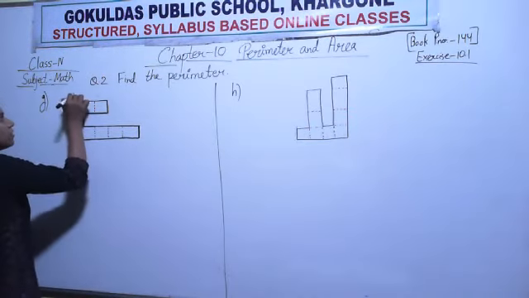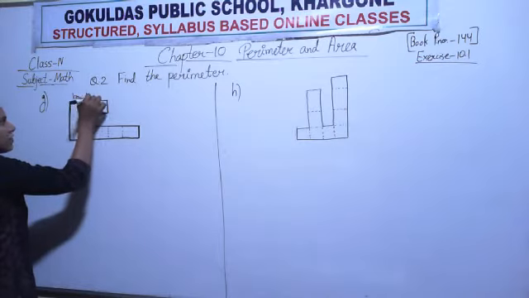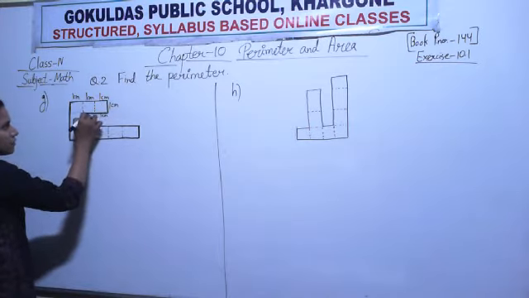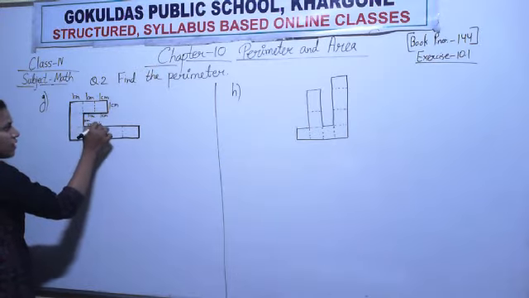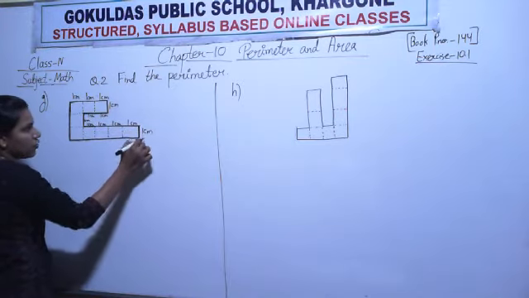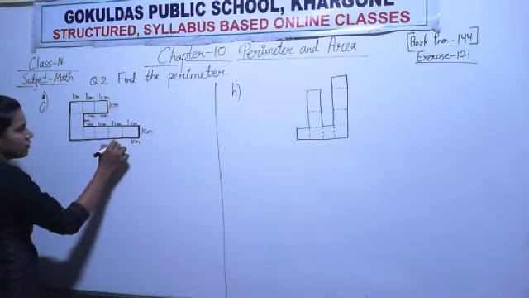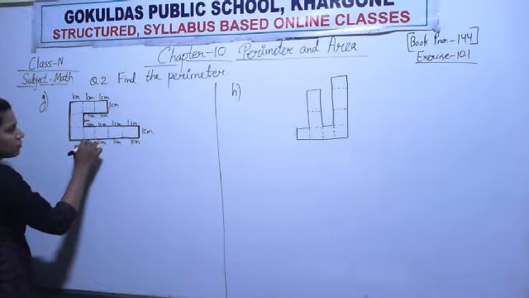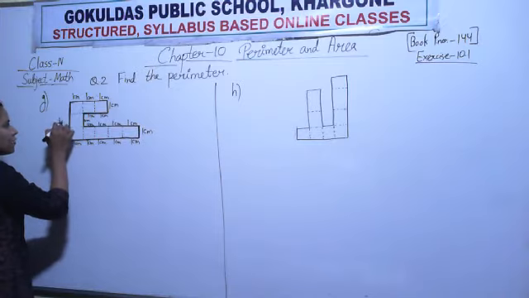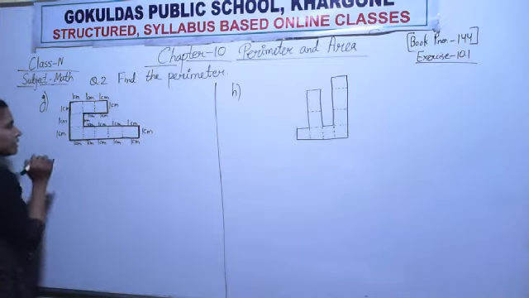According to the question, each square is having each side of 1 centimeter, right? So this is how it will be. Each side will be of 1 centimeter as it is already given in the question. So these squares also will be having sides of 1 centimeter, right?